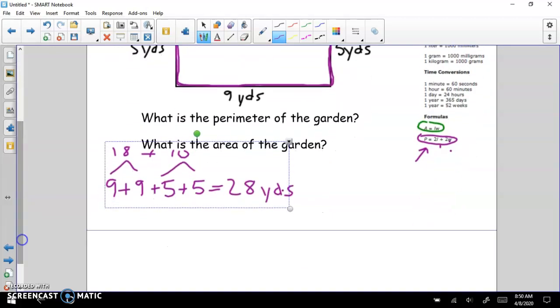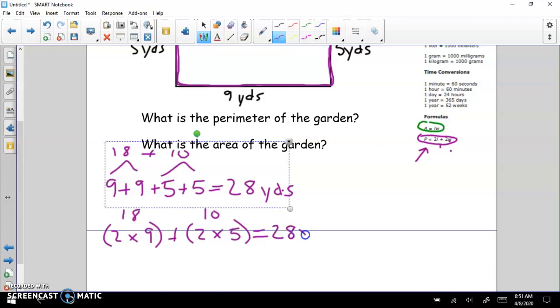So the other way, using the formula: parentheses 2 times 9, end parentheses, plus 2 times 5, end parentheses, equal to, this is using the distributive property, distributing 2 to each one of the side lengths. 2 times 9 is equal to 18. 2 times 5 is equal to 10. 18 plus 10 can also get you 28 yards.